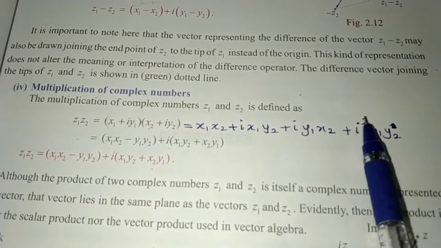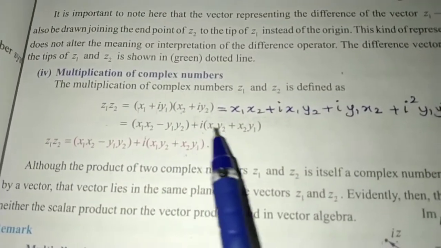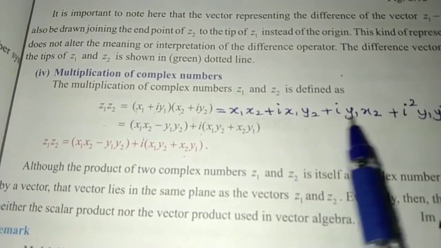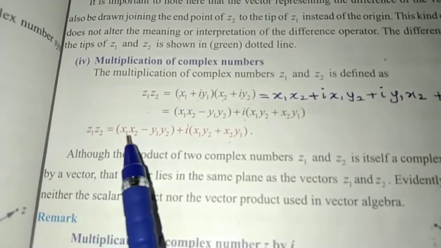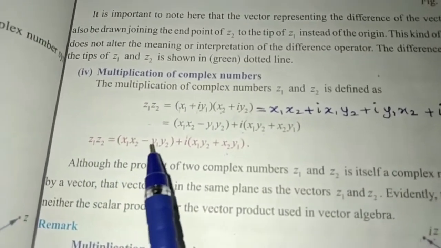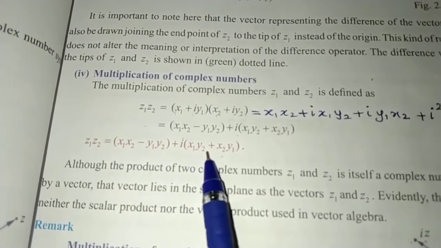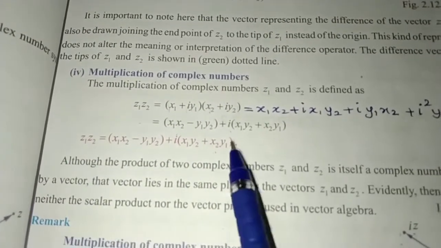Here i squared value is minus 1, so minus y1 y2. Plus i, common taken out, x1 y2 plus x2 y1. So z1 z2 equal to x1 x2 minus y1 y2 plus i into x1 y2 plus x2 y1. Okay, this one is a formula.